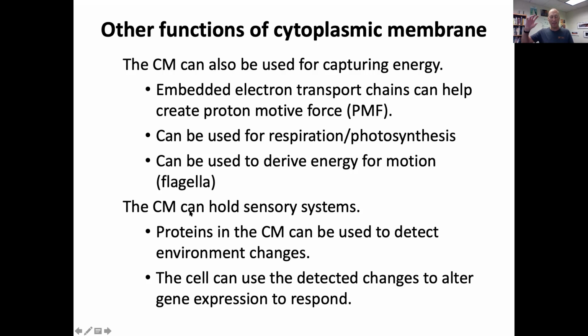And those sensory systems can connect to changes in gene expression or other adjustments that the cell makes in order to optimize its ability to grow and function in a particular environment. Okay, I'm going to stop this particular part of the lecture now.